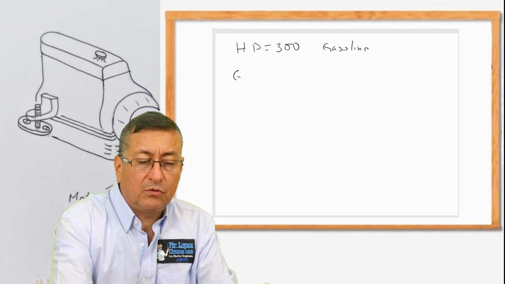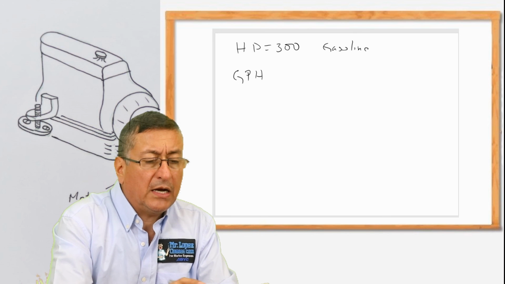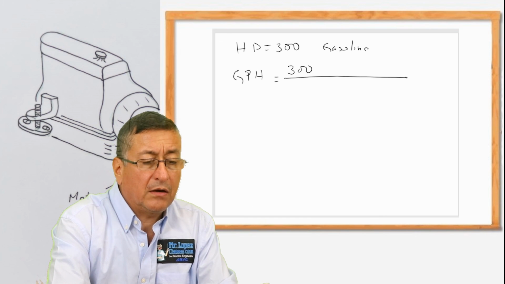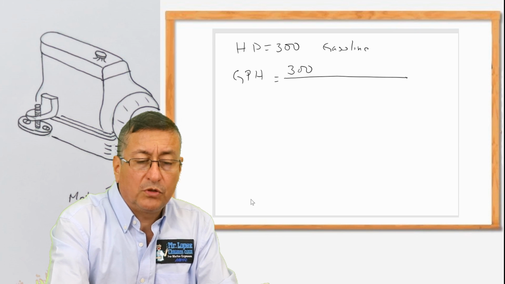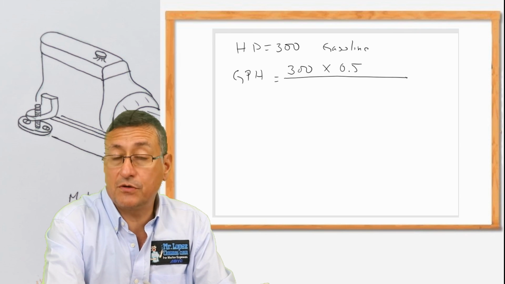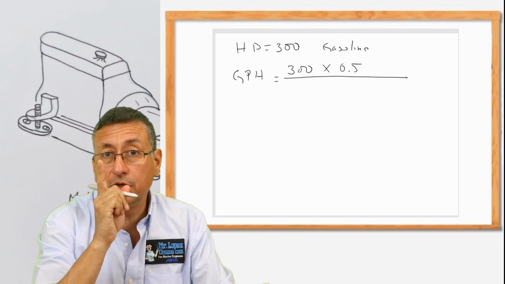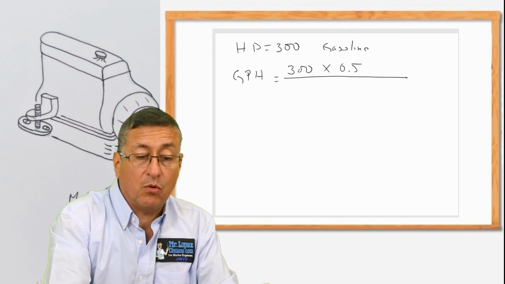The horsepower of the engine is 300, and it is gasoline. We are going to calculate the consumption in gallons per hour, and it's simple because the horsepower is 300, and we are going to multiply times 0.5 because this is the consumption of the gasoline engines in order to produce 1 horsepower in 1 hour.